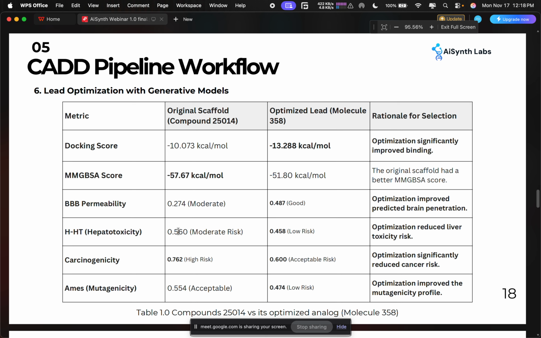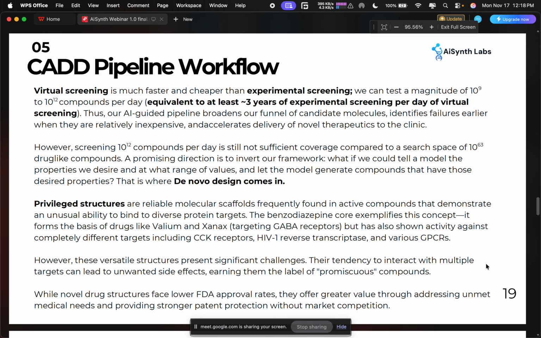The chance of it causing hepatotoxicity is about 56%, but here it's reduced. We reduced liver toxicity risk, carcinogenicity, and mutagenicity as well. We reduced all these toxicities that are very germane to our optimized compound. So let's move on.